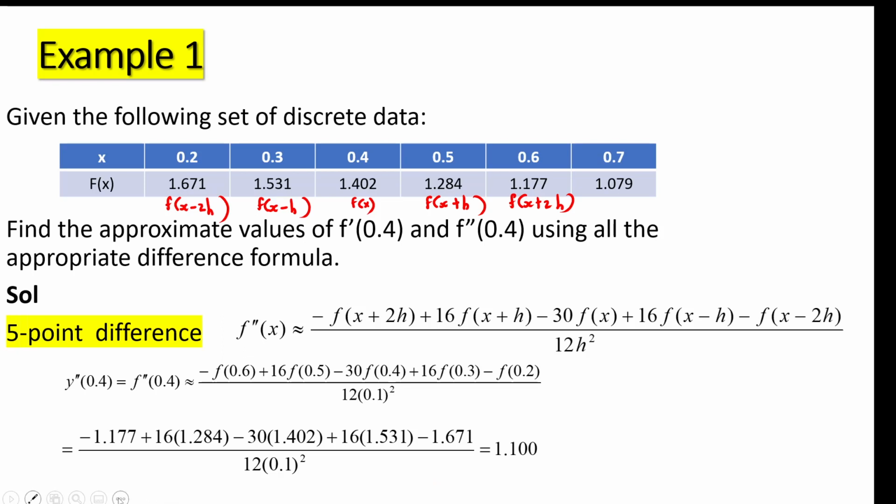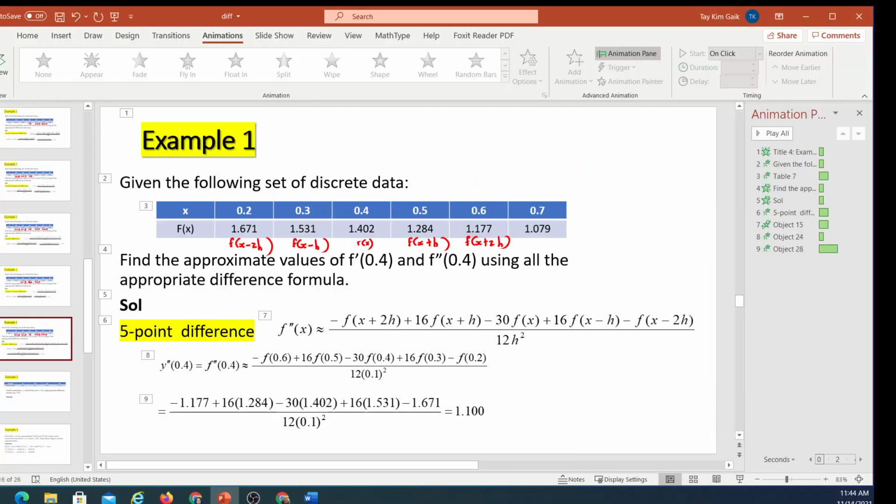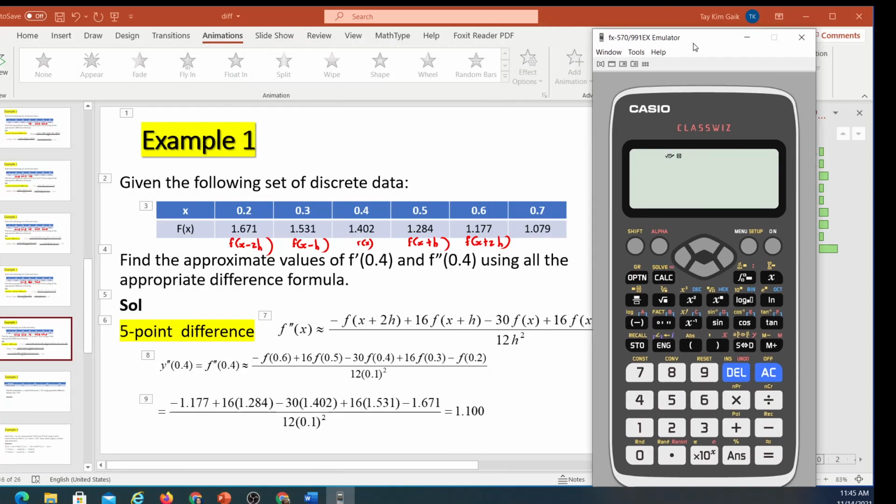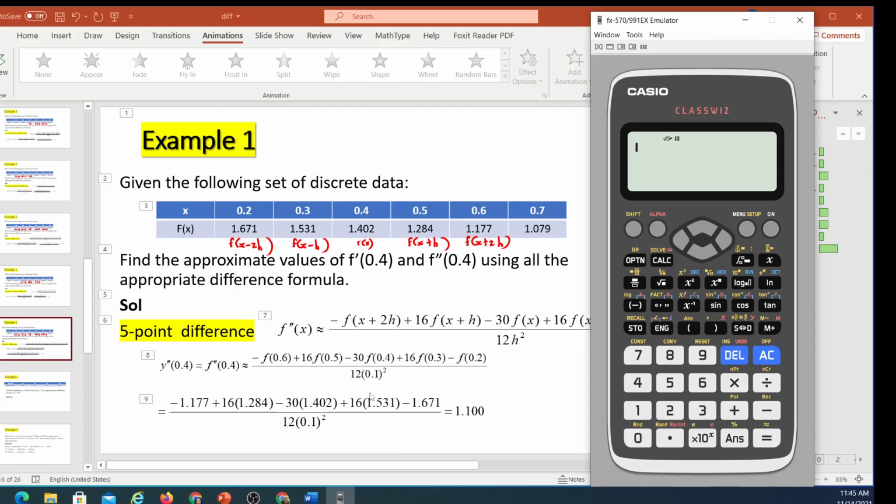Okay, let me show you. You calculate in one step. I need to find my calculator. Okay, this one you calculate in one step.